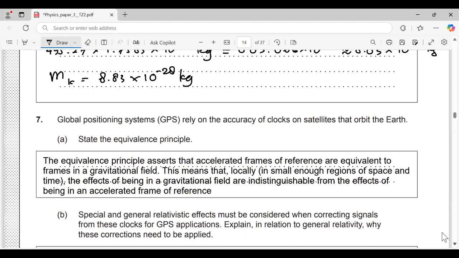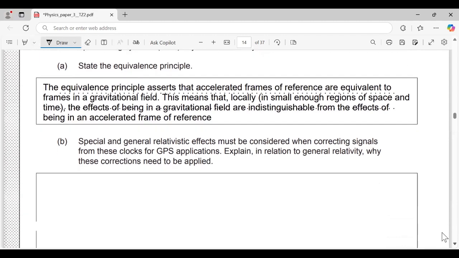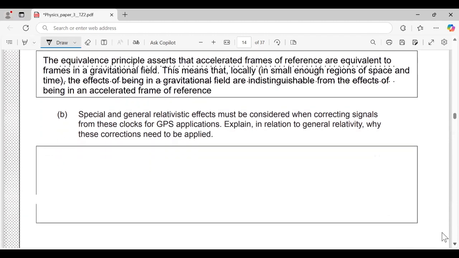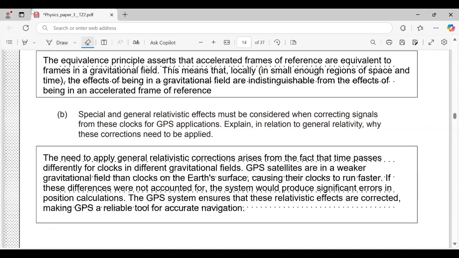Next, B: special and general relativistic effects must be considered when correcting signals from the clocks for GPS applications. Explain, in relation to general relativity, why these corrections need to be applied. I have provided my brief explanation as well.